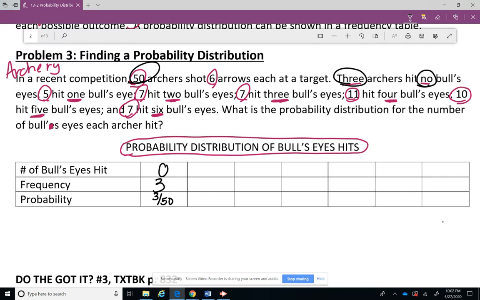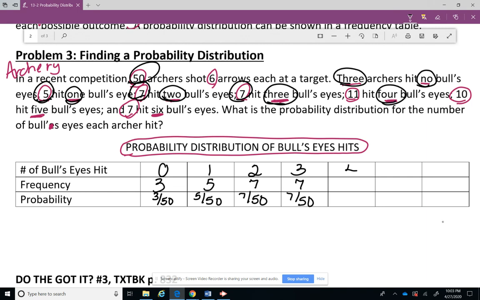All right, let's go to the next one. 1 bullseye was hit by 5 people. That's going to be 5 over 50. All right, 2 bullseyes were hit by 7 people. That's 7 over 50. 3 bullseyes were hit by 7 people. 7 over 50. 4 bullseyes were hit by 11 people.